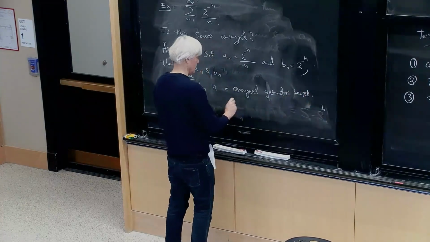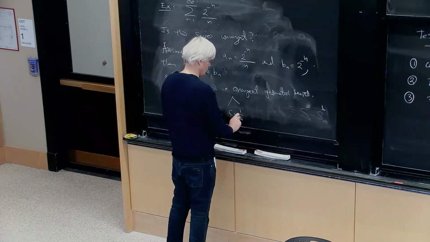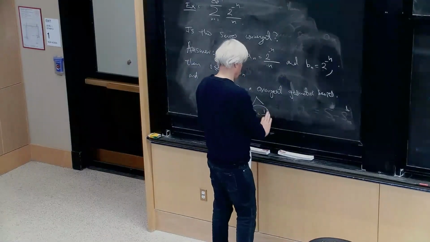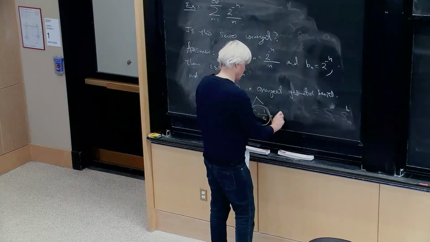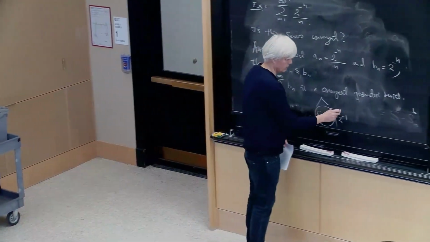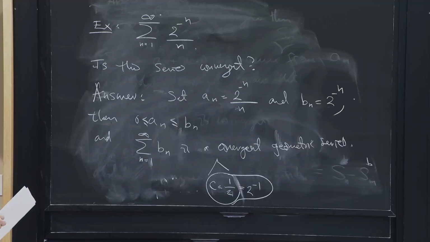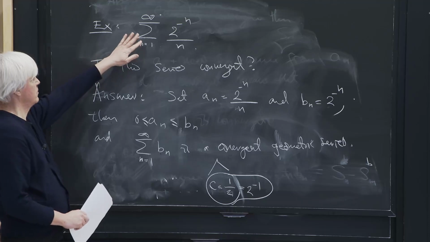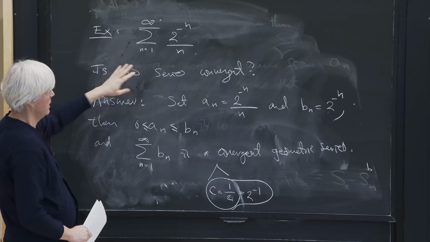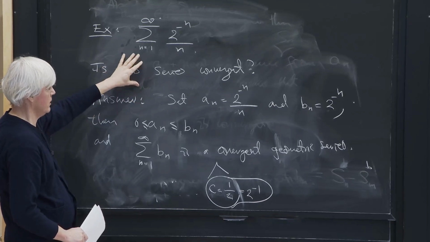It's convergent because C here in this case is 1 over 2, which is the same as 2 to the minus 1, right? And so this is convergent. So typically, this could be used when you're given a series and you are being asked whether it's convergent or not.